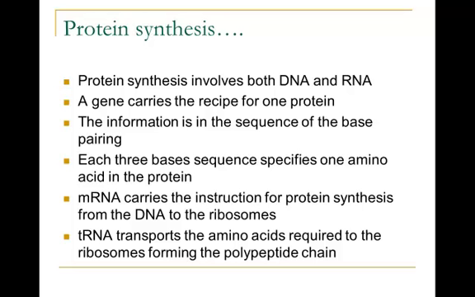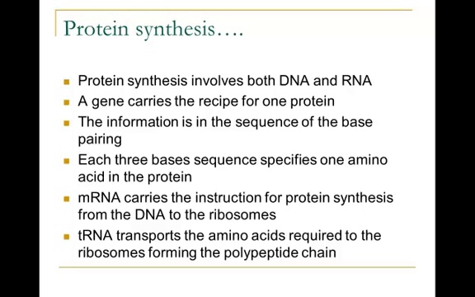Protein synthesis uses both; it requires DNA and RNA. Remember that the gene inside the DNA has the recipe for one protein, and this information is the sequence of the base pairings. Each three bases specify one amino acid in the protein. I'll show you a picture in a second.